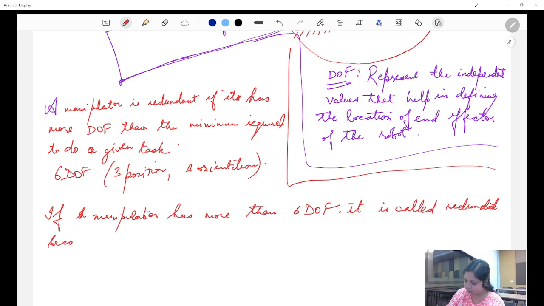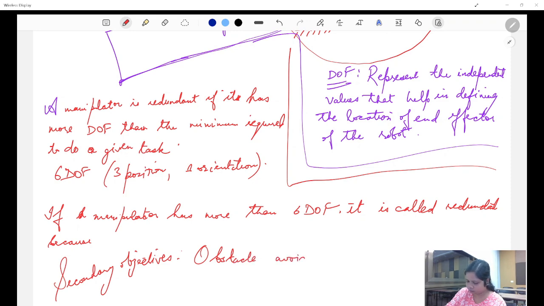Why? Because we can also have some secondary objectives, right? What could the secondary objectives be? Let's say we want to avoid some obstacle, so it can be obstacle avoidance. It can be avoiding any singularities that we might encounter.